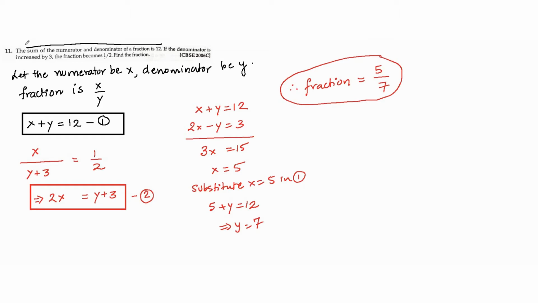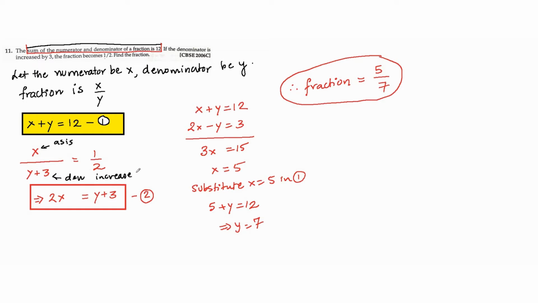Again, I formed the first equation using the sum of the numerator and denominator is 12. And also I said that if the denominator is increased by 3, I kept the numerator as is and the denominator was increased by 3.